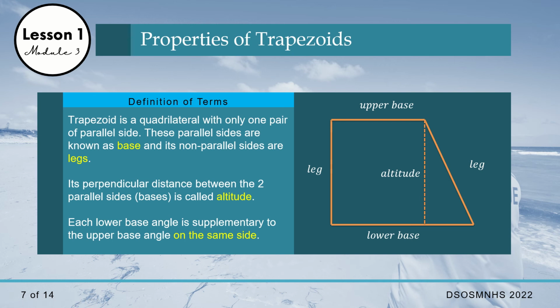Okay? Sir, ang itong ikatulong nga statement, sir, each lower base angle is supplementary to the upper base angle on the same side. So therefore, ang kaning upper left, i-add mo sa lower left, that is 180. Then, the upper right angle plus the lower right angle is also 180.